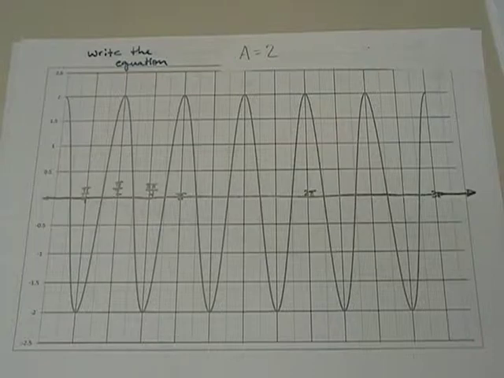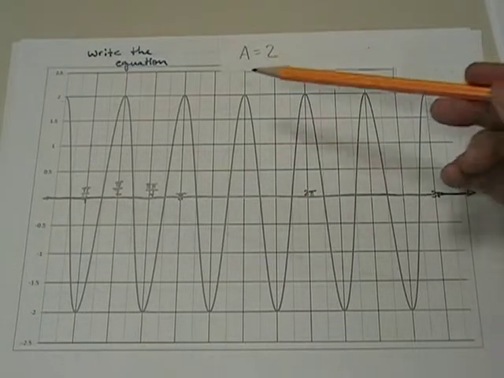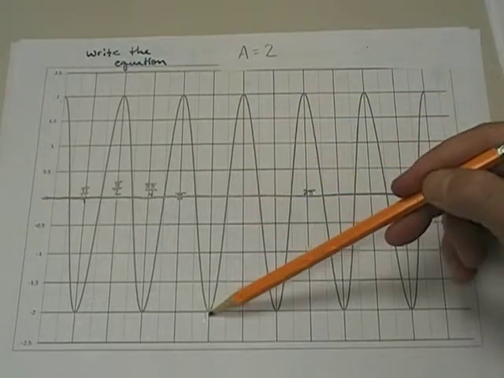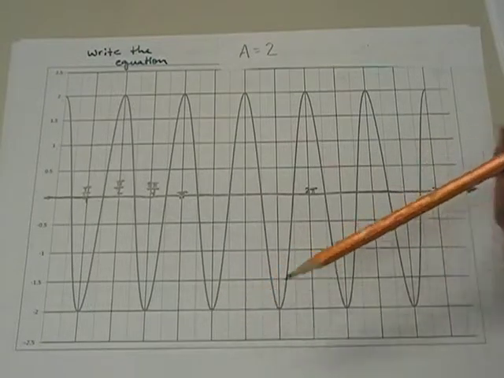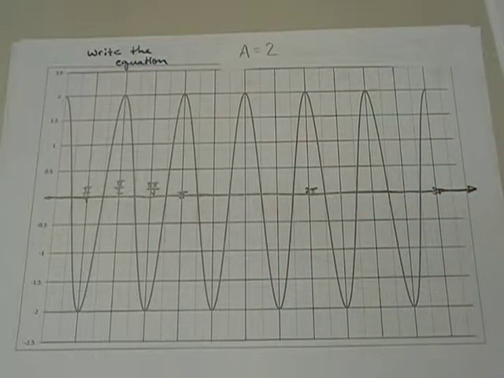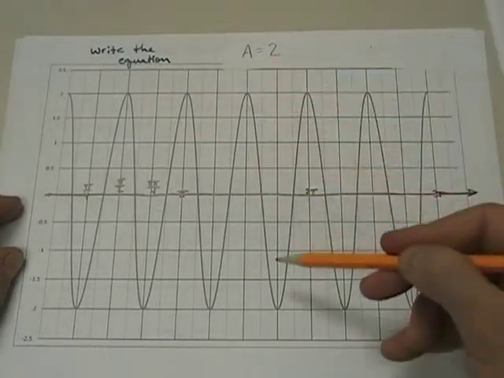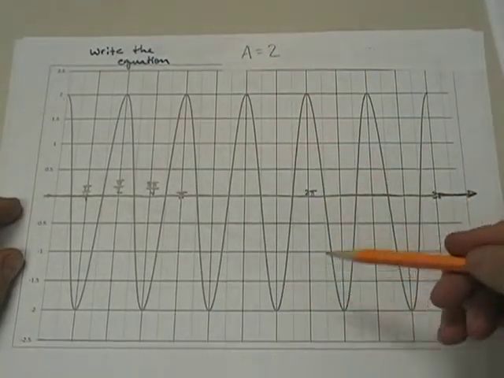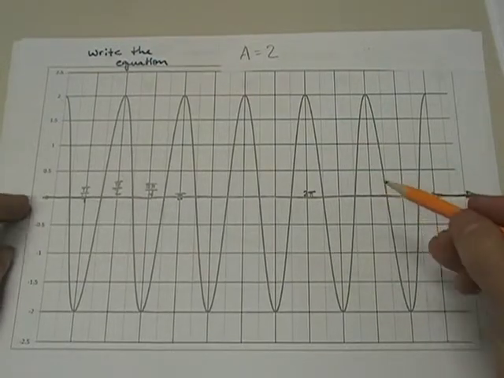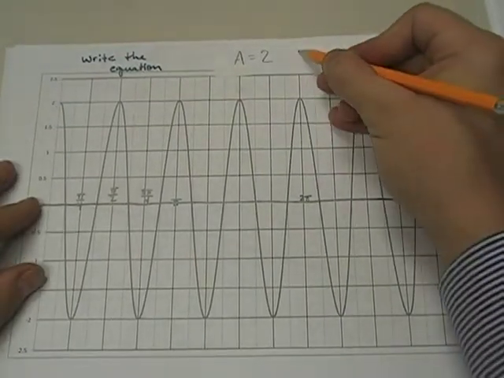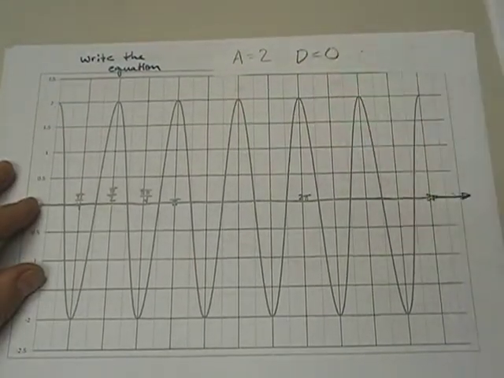The second thing this tells me is whenever your maximum and your minimum are equal but opposite, there is no vertical shift. Let me say that again. When your maximum and your minimum are equal but opposite, there is no vertical shift. So D equals 0.